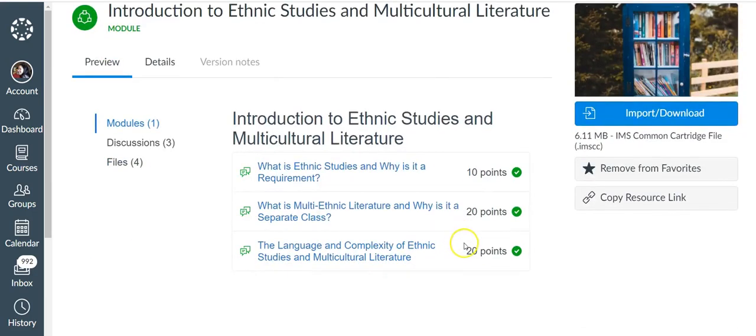It's a really, really short introduction, 3 assignments that could open the class, introducing ethnic studies and the reason behind this new requirement from the CSU, and then also introducing multi-ethnic literature and why we have this as a separate class. And I really wanted to make sure to touch on the language and complexity behind the courses and the way that they're sort of broken up.